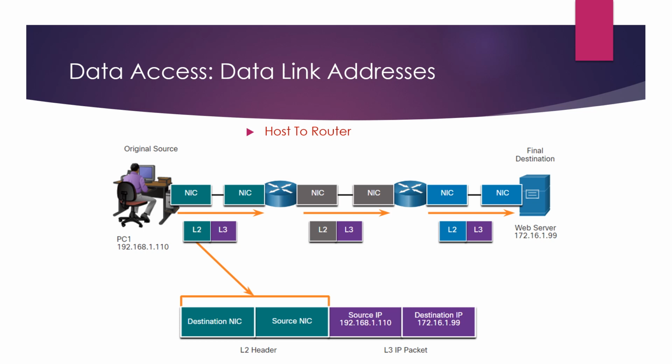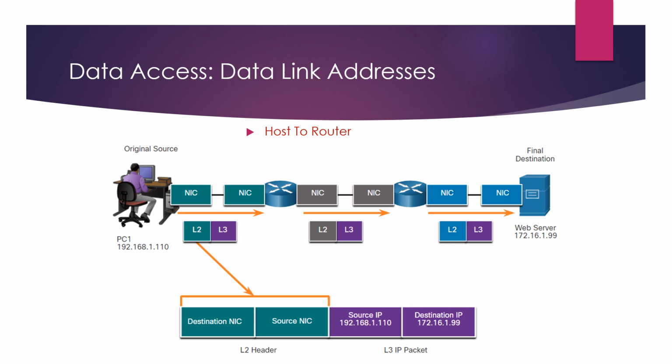So let's see the first step. The source and the destination are not on the same network. So the destination MAC address and the source MAC address will be on the same network.